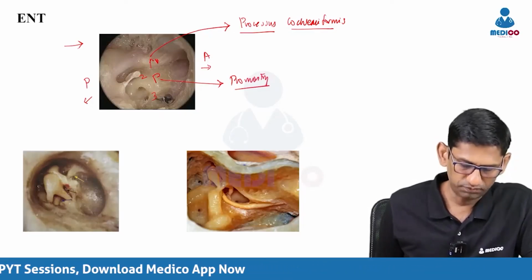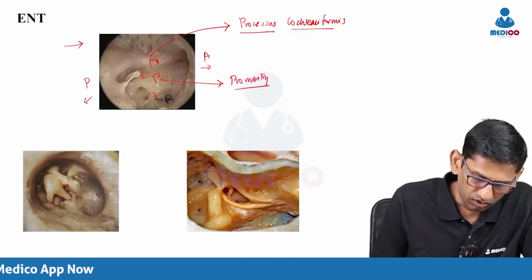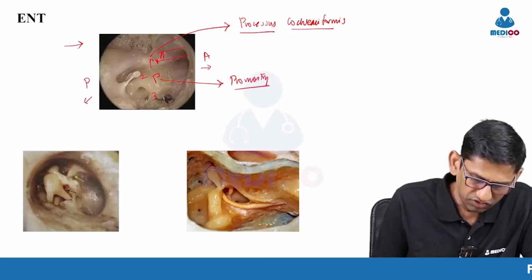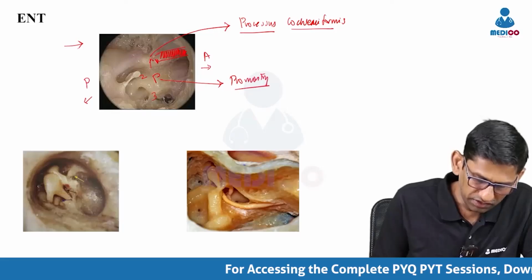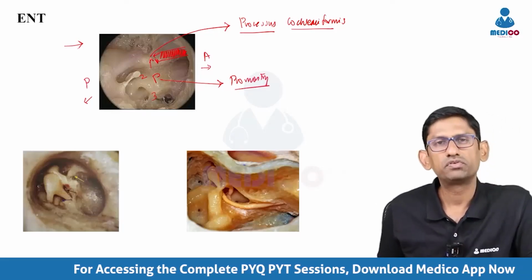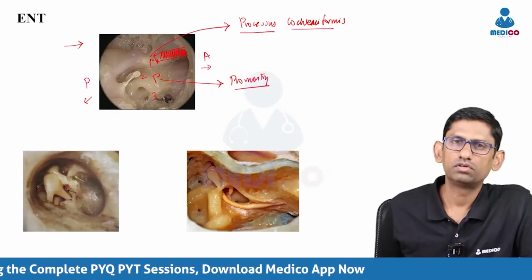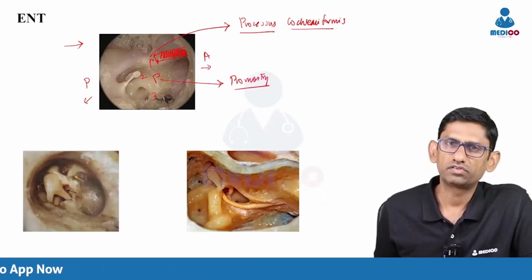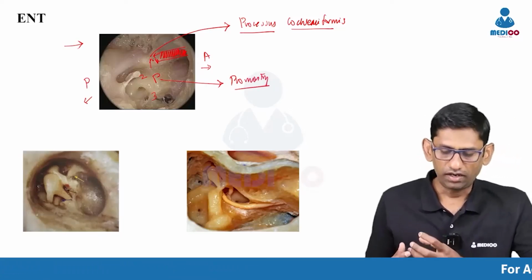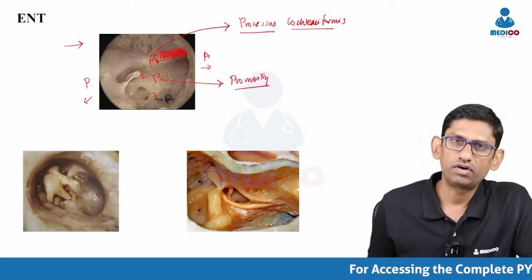A bony projection where the tensor tympani muscle from the anterior wall attaches, hooks around, and gets attached to the malleus, the neck of the malleus. So that is the anatomical reason why the processus cochleariformis is present.